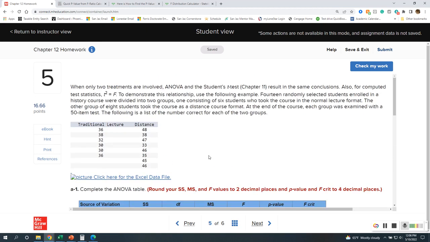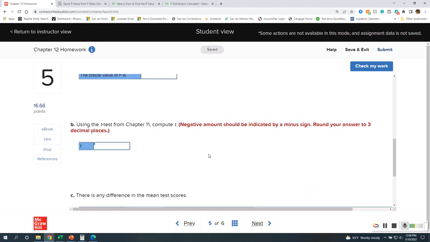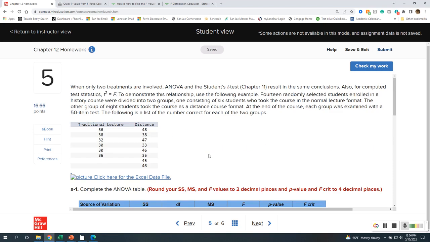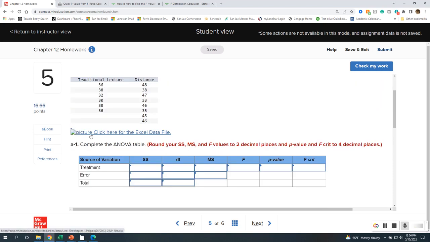Okay, so here's a little bit easier one. We don't have to actually go through each one, but we do have to still do the ANOVA table. So again, we have 2 treatments minus 1.